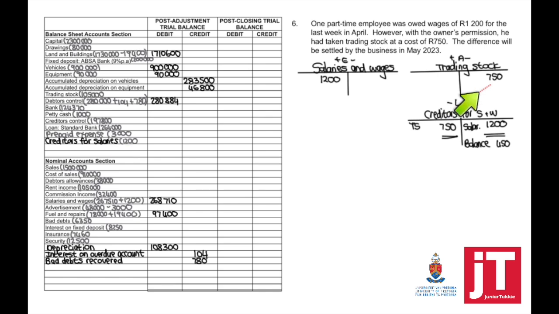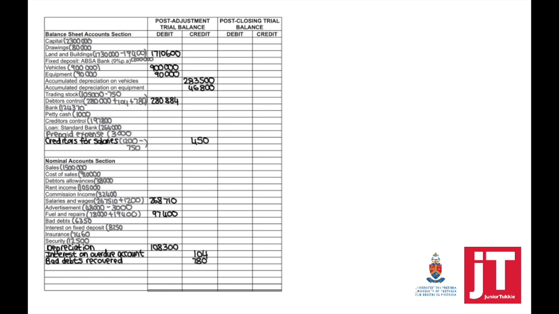Trading stock, 750 was taken, which means minus 750. And what's happening with creditors control? Not creditors control, creditors for salaries and wages, minus 750. That is the amount that we owe our employee, 450.